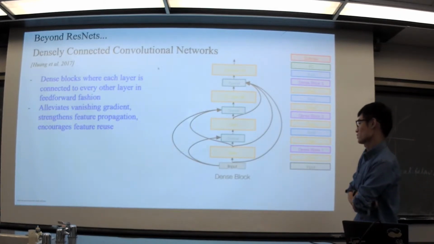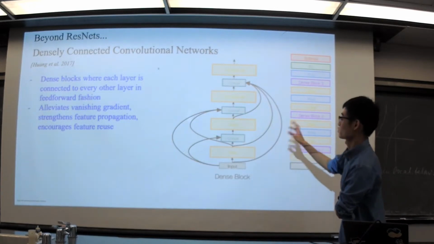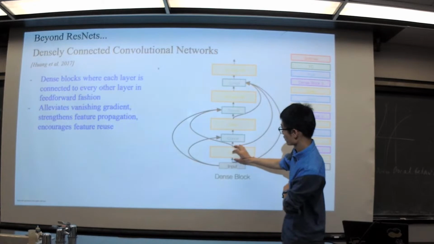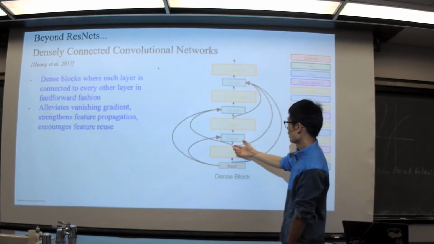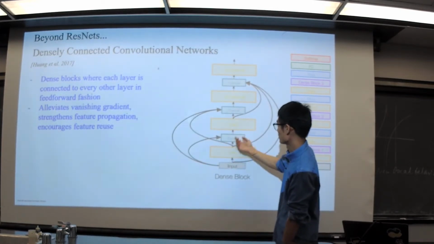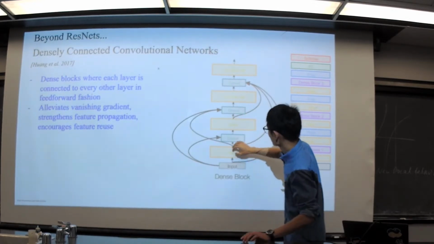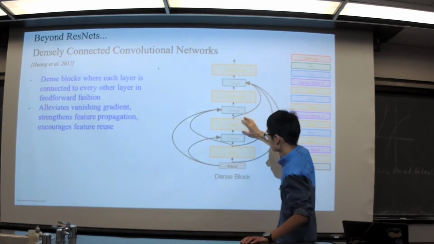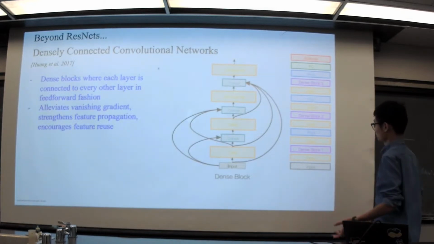A key point for this structure is that it encourages feature reuse, because we do a conv here, we get some features, and if we simply pass it to the next layer, it is only used once, and this layer will use the output of this one. But we concat it here, so this layer will use the features from this layer and this layer. So it encourages feature reuse.